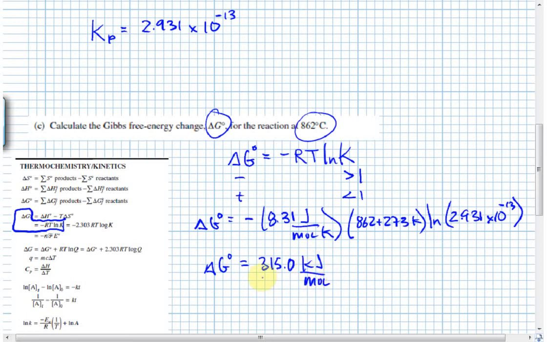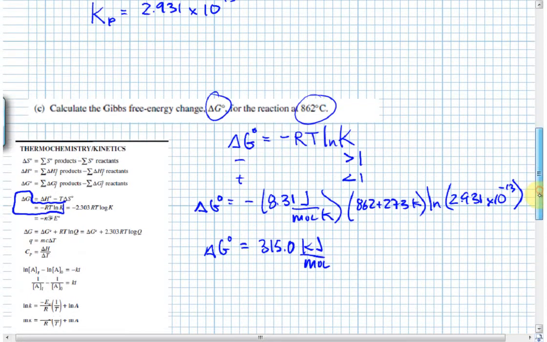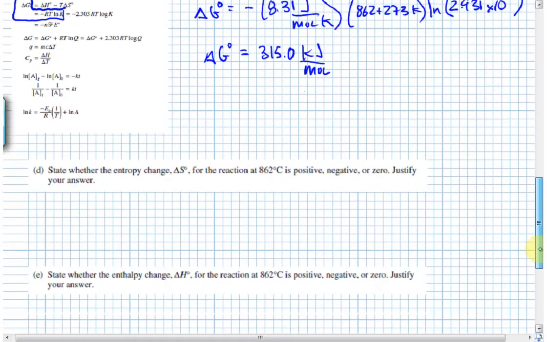Notice I did it in kilojoules. The problem didn't specify that it had to be in kilojoules, so joules per mole would have been just as good. So there's the delta G. Small k, positive delta G. This reaction would be classified as non-spontaneous, going from left to right.